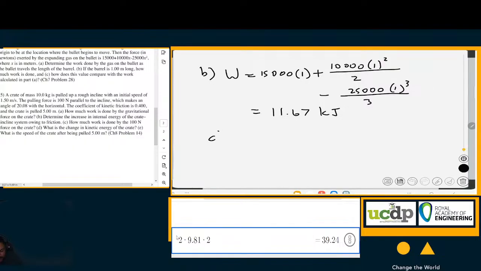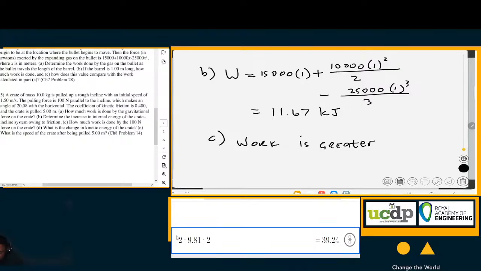And C, what is C? How does this value compare with the work calculated in part A? The work is greater, and you can work out the percentage. The work done is greater.